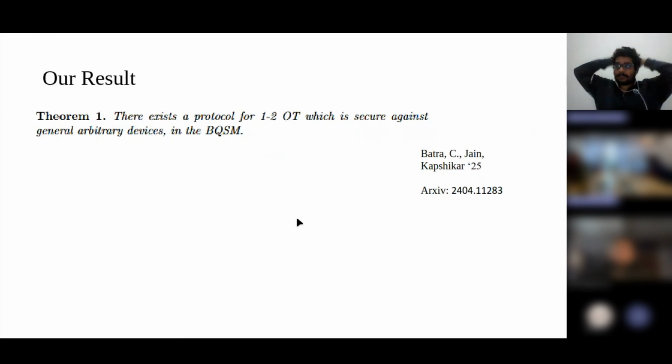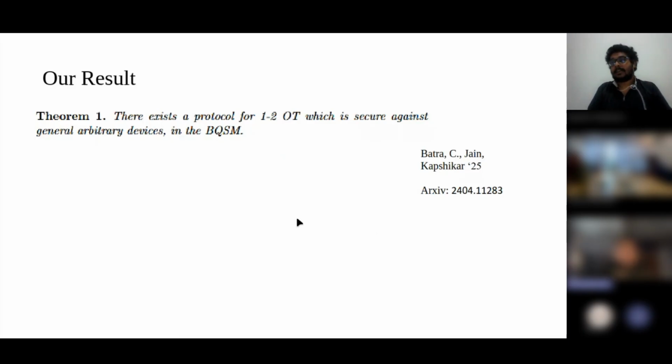And in fact, this problem was open for a very long time. Believe it or not, the state of the art was that people only knew how to go up till IID. Like each device is the same. So you mean for BQSM? Under the BQSM assumption, yeah, IID was state of the art for a very long time.